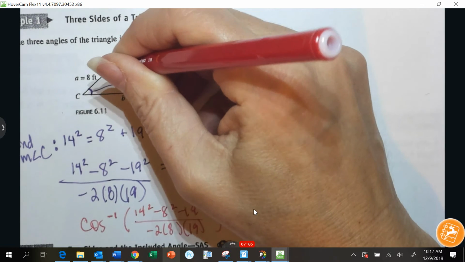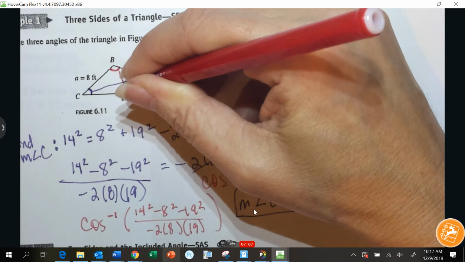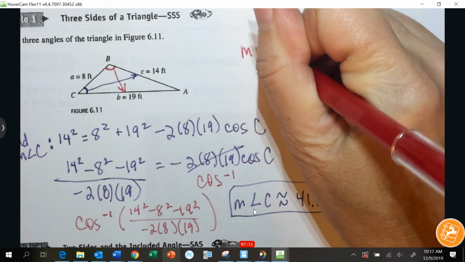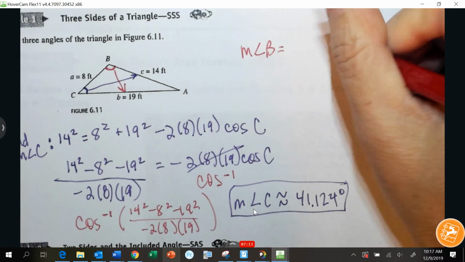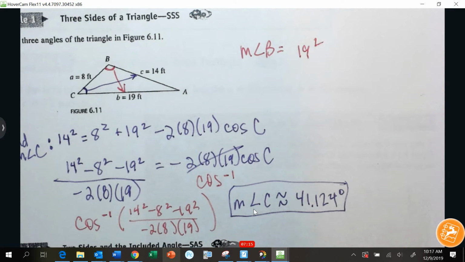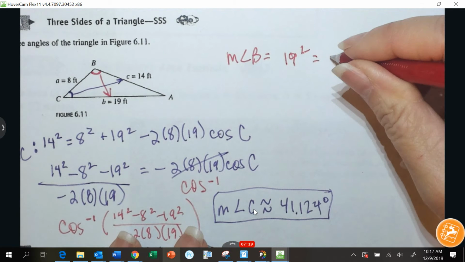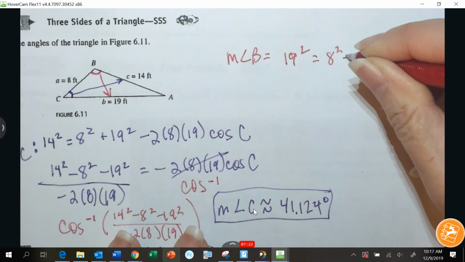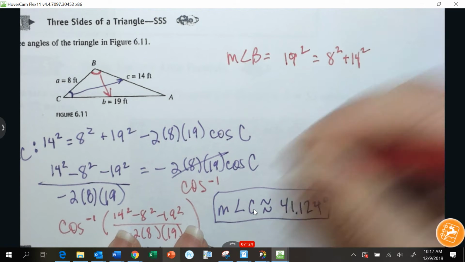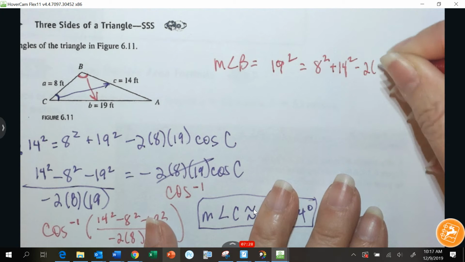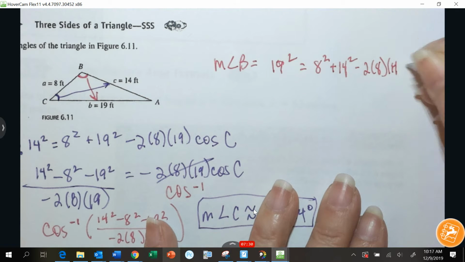So angle B, when we go to find angle B, across from it is 19. So the 19 squared is going to be, what comes first? And then the other two, the 8 squared and the 14 squared, go on the other side, minus 2 times 8 times 14.